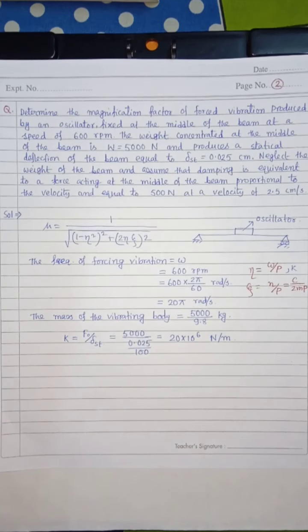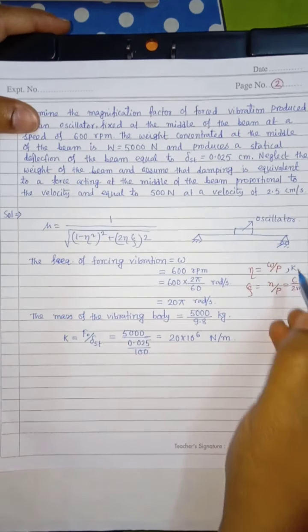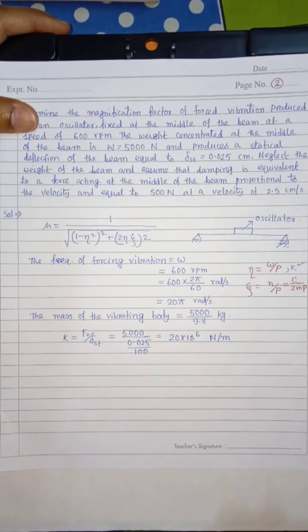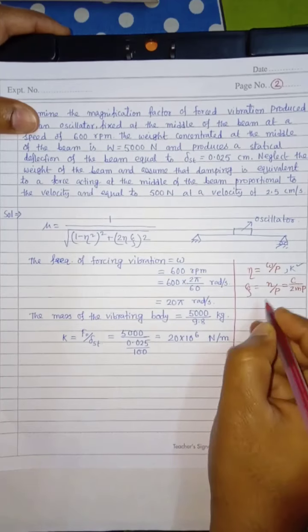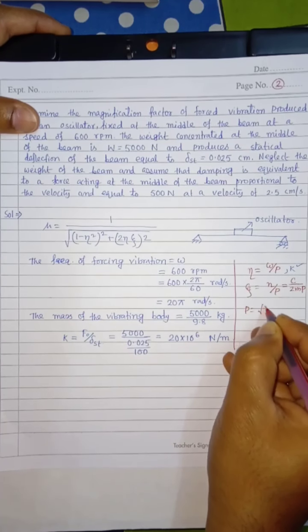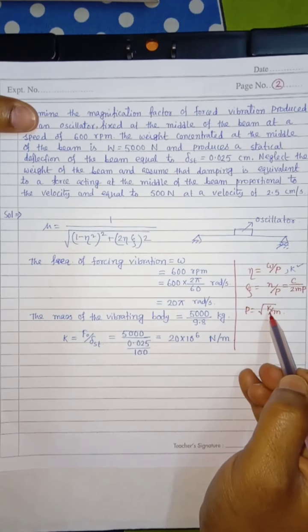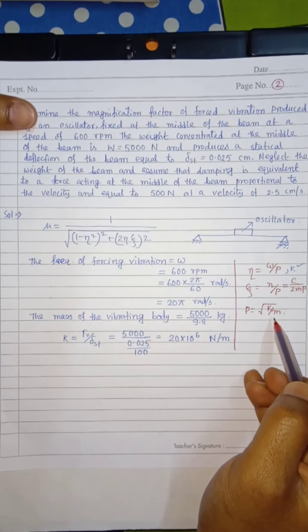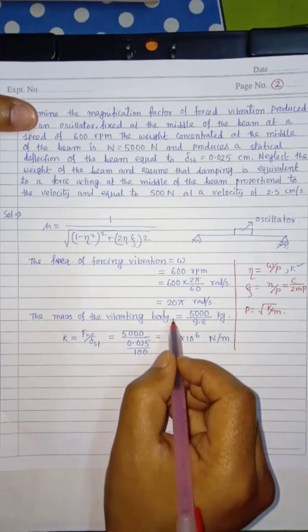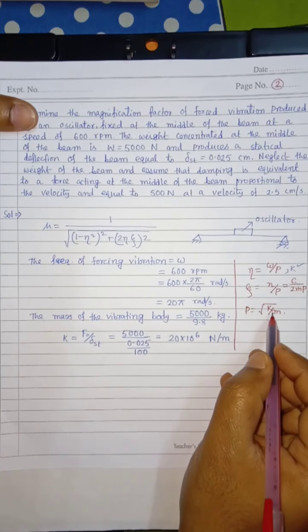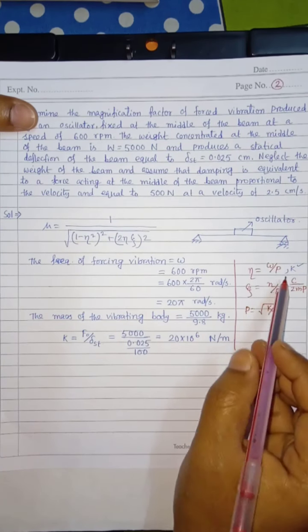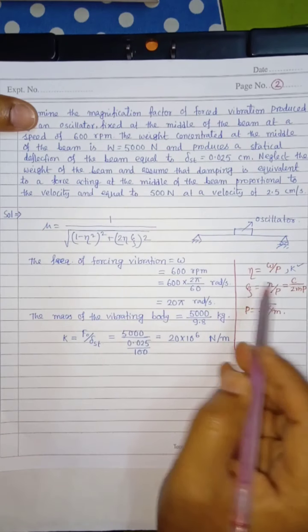Now we have found this k. So p is equal to root under k by m. K is known, m is also known, so we can find this p, and thus omega is found.